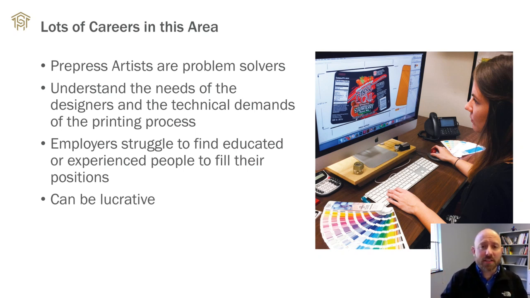You might have to switch things from process color to spot color. You may have to do a lot of different manipulations to make it work. But you don't want the designer to even know about that. You just want them to see the final product and say, oh, that's exactly what I wanted it to look like. That sort of thing takes a very skilled technician.